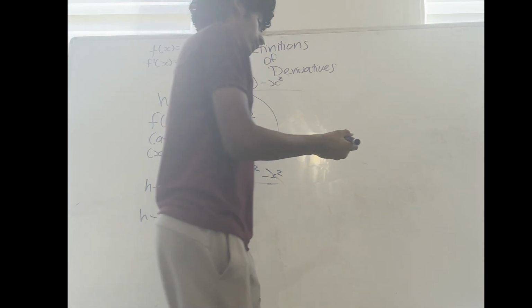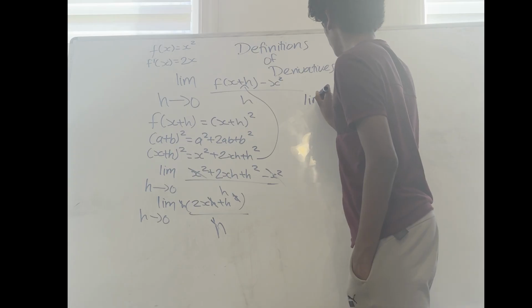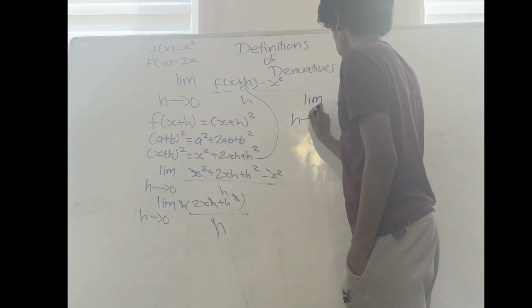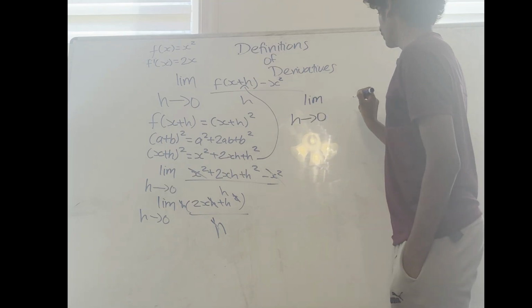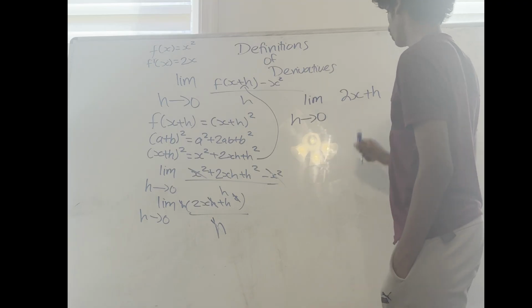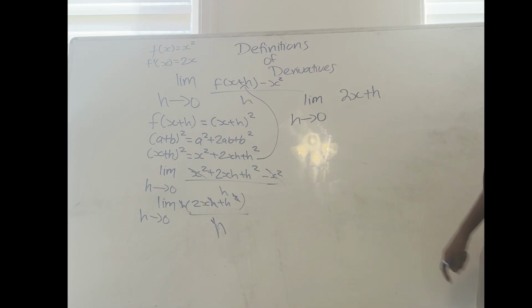So what we're left with is the limit as h approaches 0 of 2x plus h. All right? With one last step, we can simplify this and get the answer.